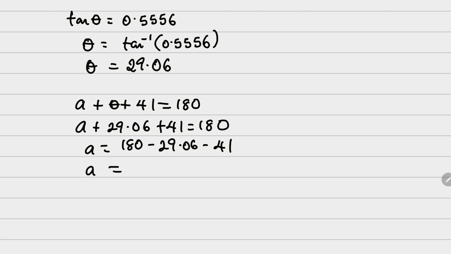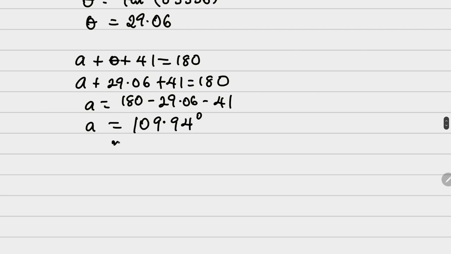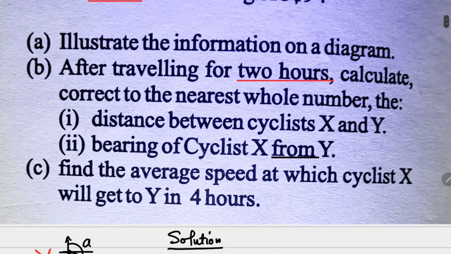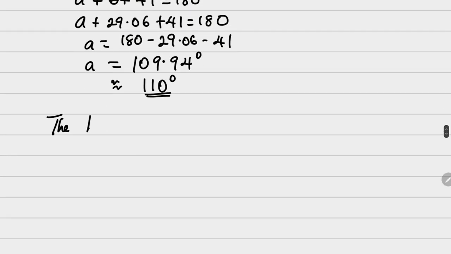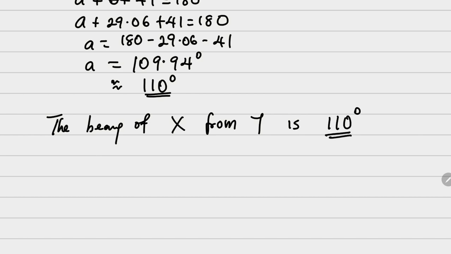So A will now be equal to 109.94 degrees. Now to the nearest whole number, it's going to be 110 degrees. Now this is my answer. So the bearing of X from Y is 110 degrees. So I'm done with that.